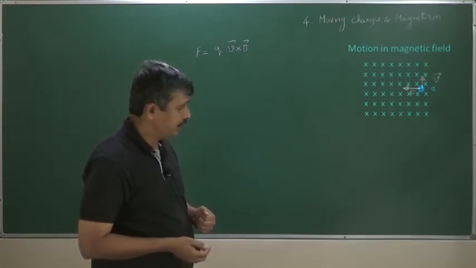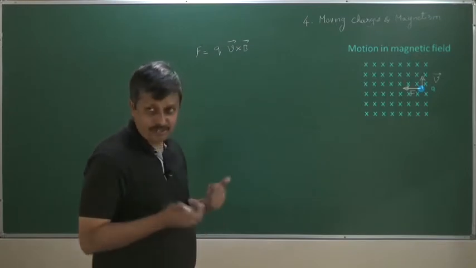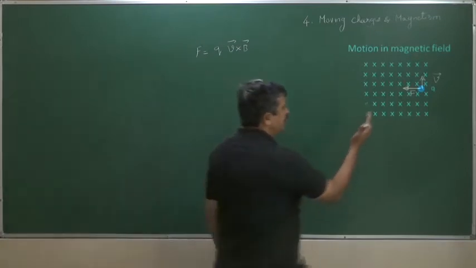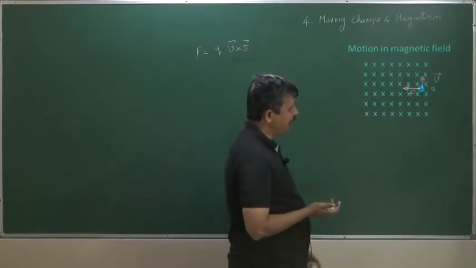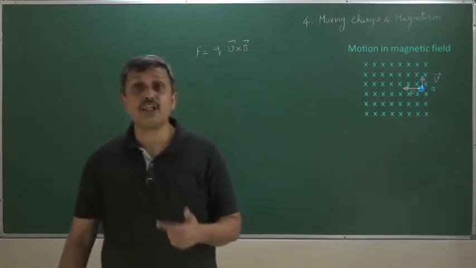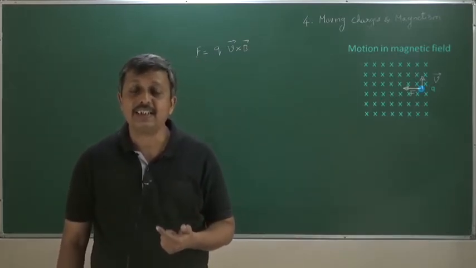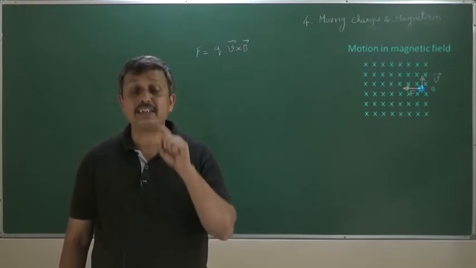Now, the second part: when that happens, you can see that it actually bends. Look at this, F is actually perpendicular to v. When there is a force perpendicular to velocity, it does not change the magnitude of the velocity, it only changes the direction.